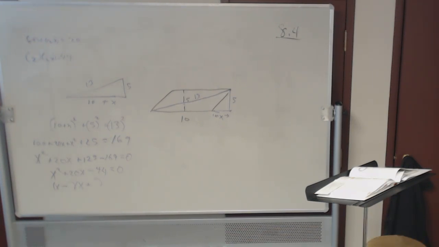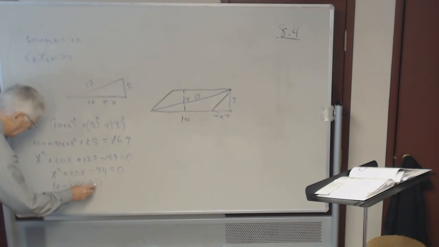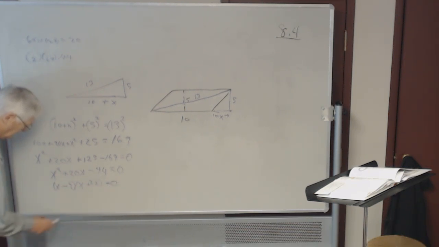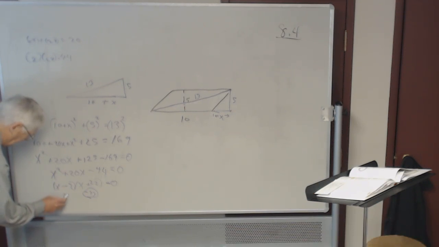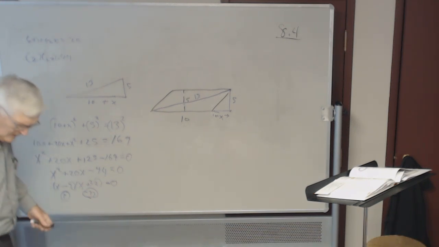Would that work? So it looks like it's x minus 2 times x plus 22 equals 0. So either x is negative 22 or x is positive 2. Well, x can't be a negative number, so x has to be 2.